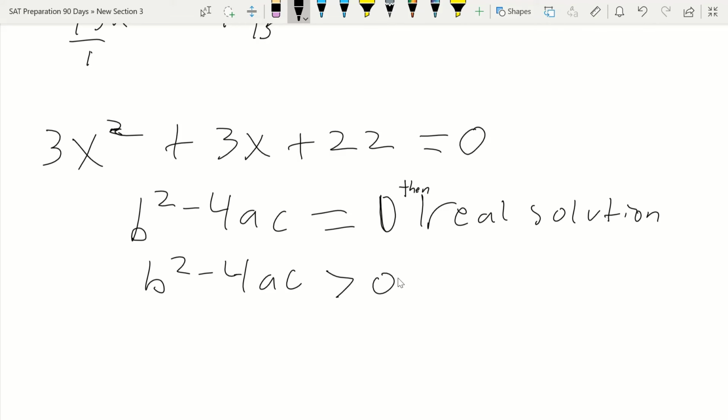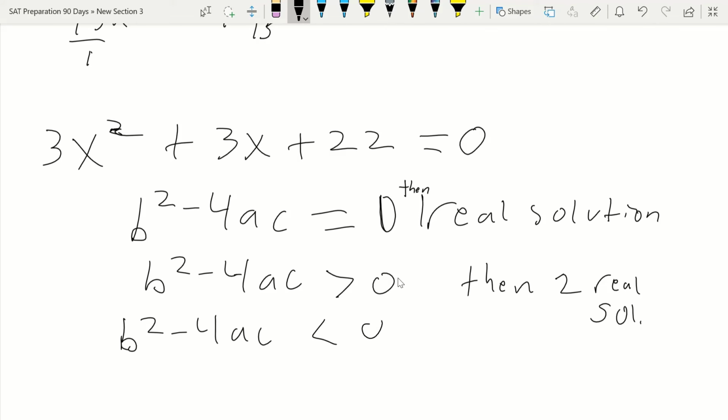If b squared minus 4ac is greater than 0, or positive, then there are two real solutions. And if b squared minus 4ac is negative, less than 0, then there are 0 real solutions.